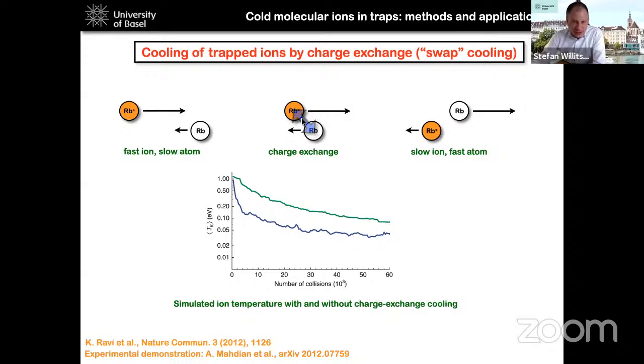Essentially, the charge hops over from the fast ion to the slow atom, and the slow atom becomes a slow ion. And the original fast ion becomes a fast atom. So in this way, you are left with the same ion species again, but now it's considerably slower.